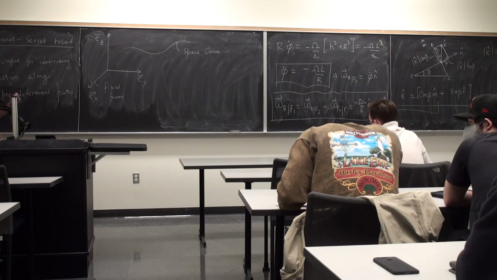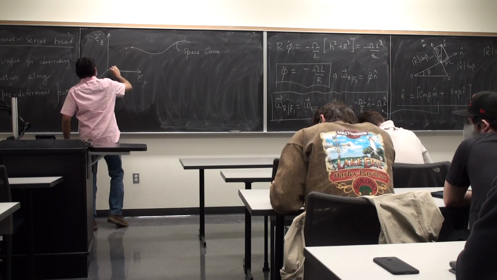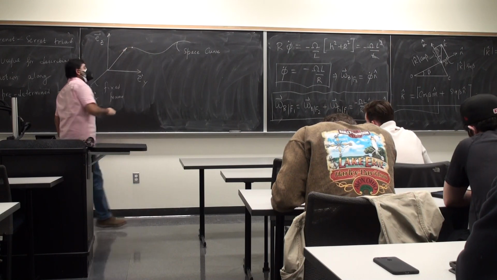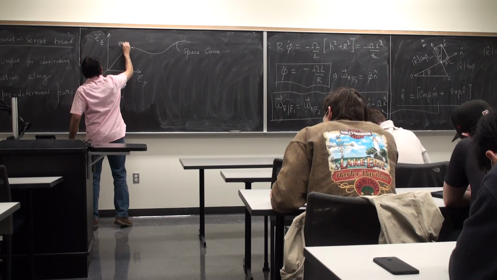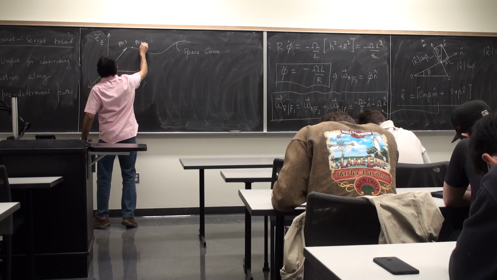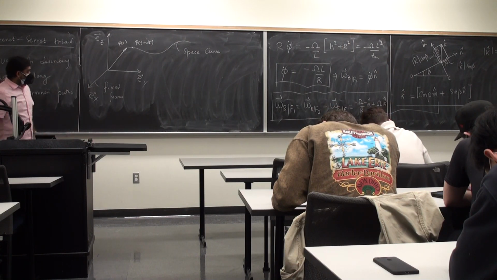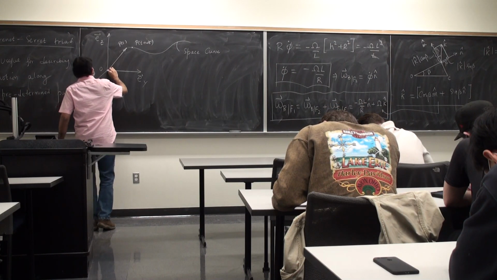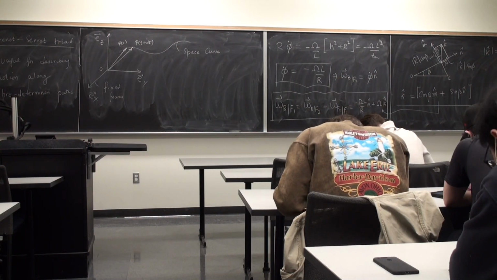And I'm going to consider 2 points very close to each other, at 2 instances in time. Just some point P at some time T, and point P at some time T plus dt. I have position vectors from the origin all the way to these 2 points.